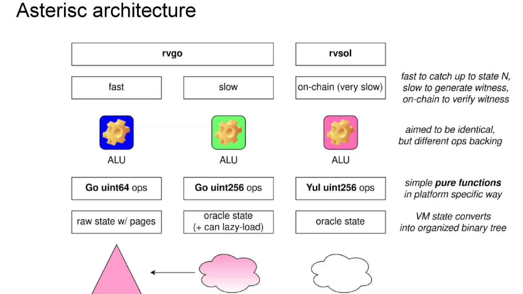So we can express the pure computational parts cleanly in function calls to functions that match the Go implementations. So when you read the implementation of the ALU, you don't actually see operators like plus signs and minus signs, but you just see function calls. And these function calls are backed by these different variants.